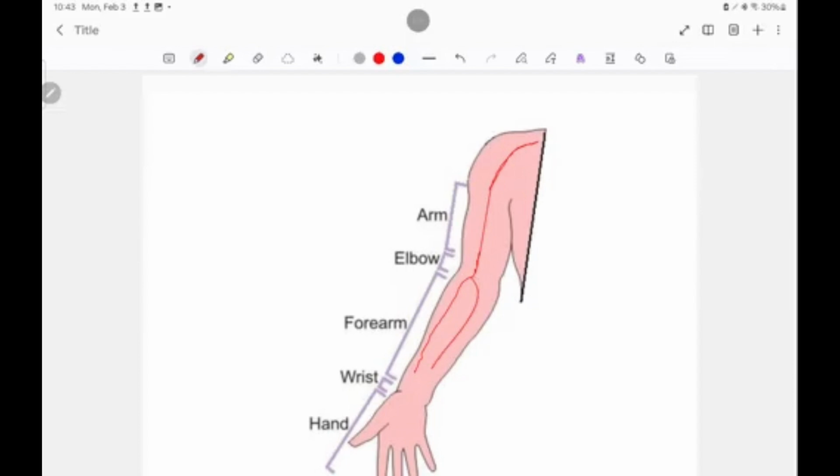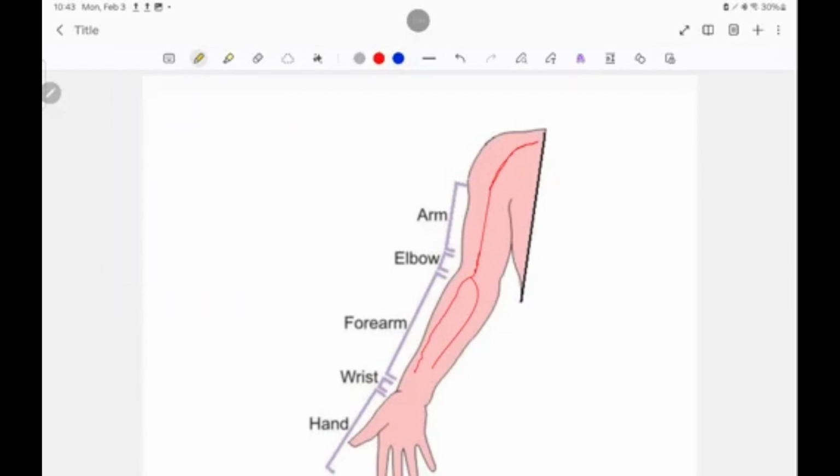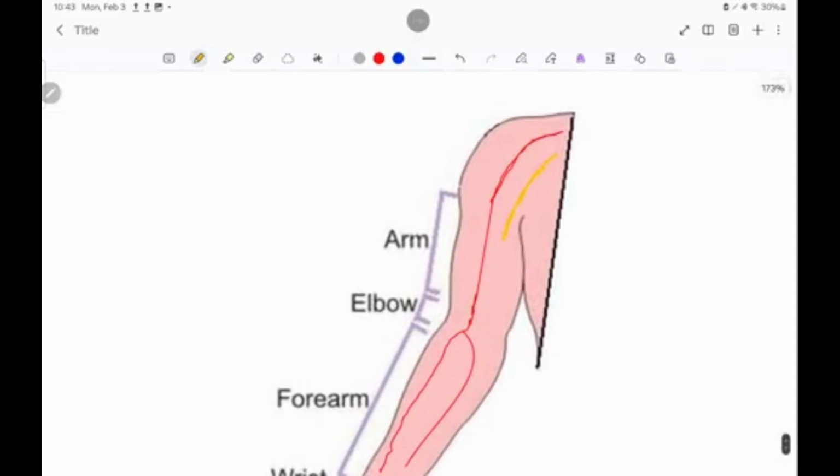Okay, so now we know the orientation of the axillary artery with the brachial artery. It's all the same. So now we need to know where the ulnar nerve is in relation to it. Here's the ulnar nerve. It will move medial to the brachial artery.